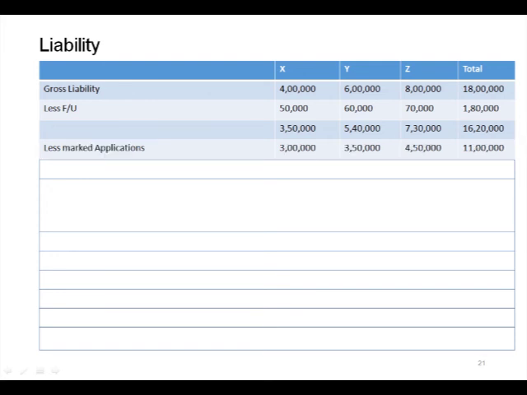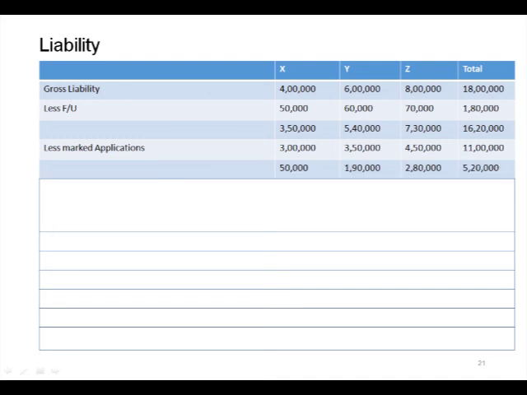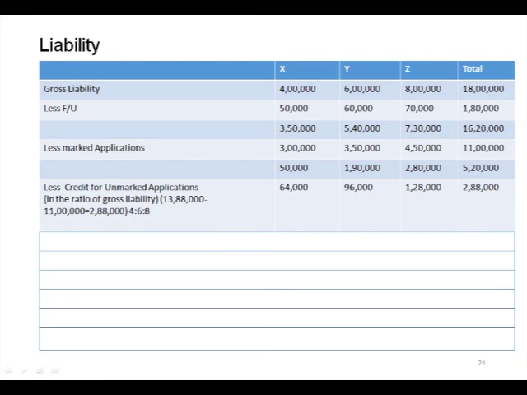Now there are marked applications. Now we are deducting the marked applications from the remaining liability. The marked applications were 3 lakh, 3,50,000 and 4,50,000. Now the remaining liability is 50,000, 1,90,000, 2,80,000 and total is 5,20,000. Now we will consider the unmarked applications. Now we are giving the credit for the unmarked applications.